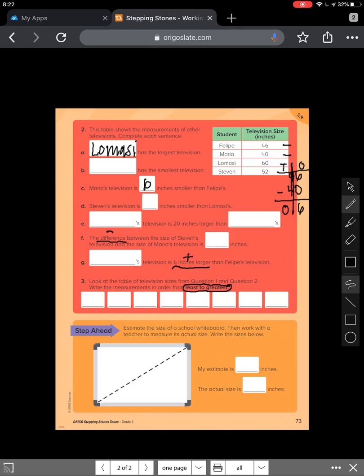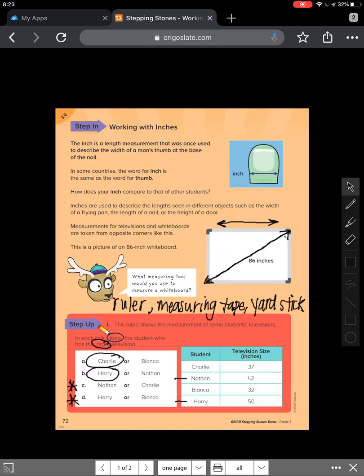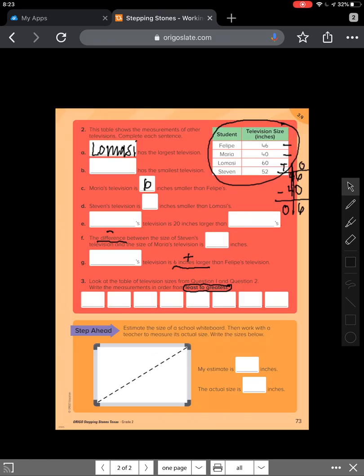So you're using both of these numbers right here from this table. And then you're also going to go back and look at page 1 and use these numbers. So you're going to use the table from number 1 and the table from number 2, and you're going to tell me an order from least to greatest.